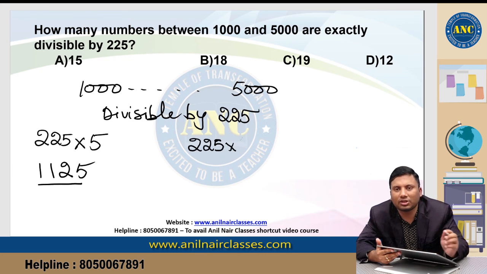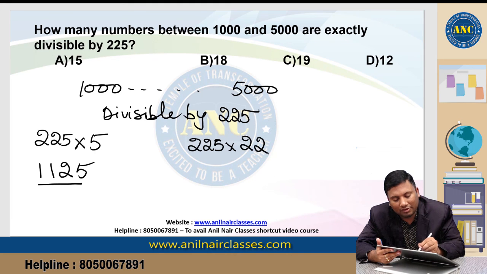225, how many times does it go? 225 2s are 450. Again, 225 22s are 4950.